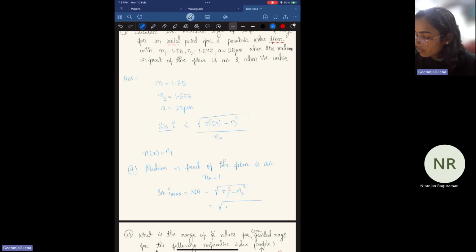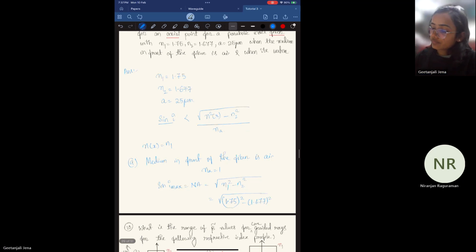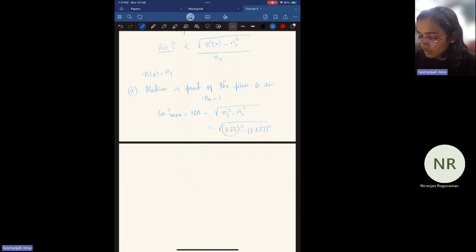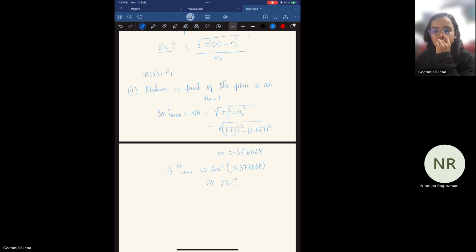So n1 squared, it is given 1.75 squared, minus 1.677 squared. And this will come around 0.376068. So i max will be sine inverse of 0.376068, and this will come around 22.1 degree. Okay.